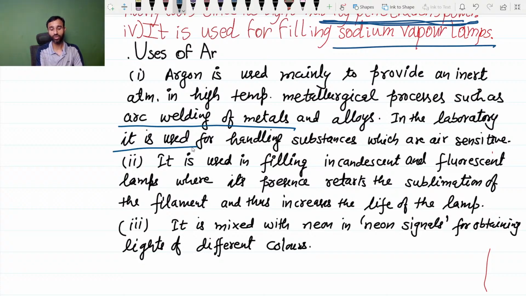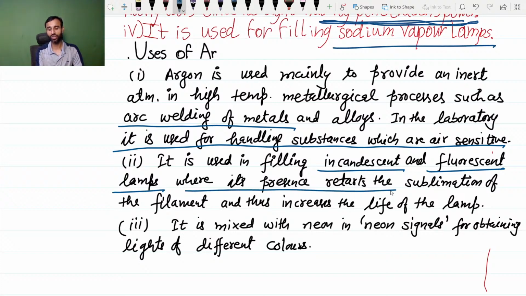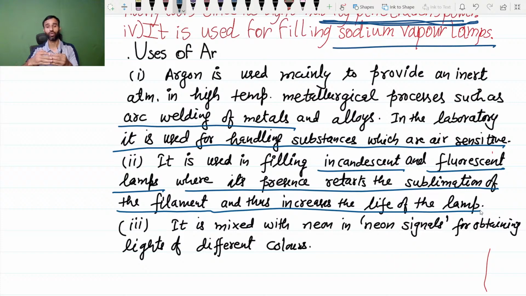In the lab, it is used for handling substances which are air sensitive, and it is used in filling incandescent and fluorescent lamps where its pressure retards the sublimation of filament and thus increases the life of the lamp, because its pressure does not allow the filament to sublime, to convert into vapor. That's why it increases the life of the lamp. And it is mixed with neon in neon signals for obtaining lights of different colors.